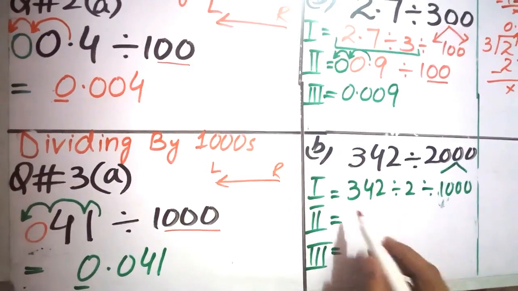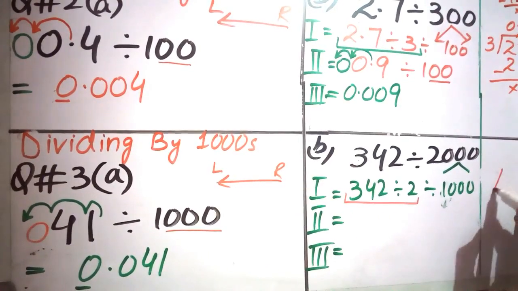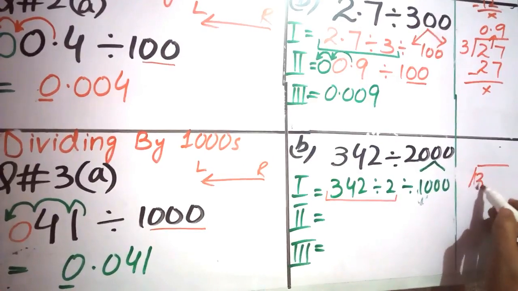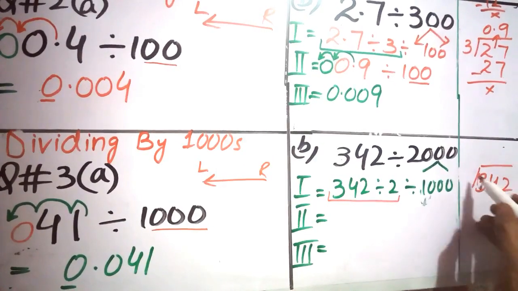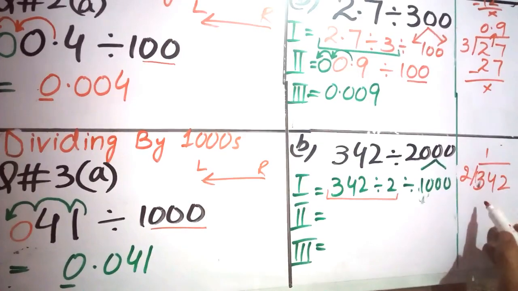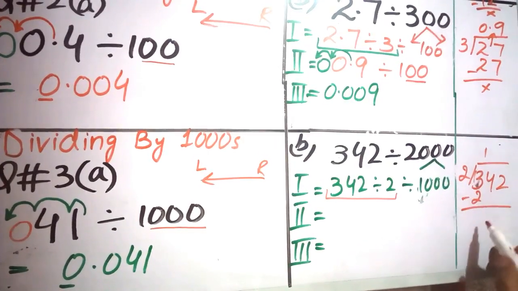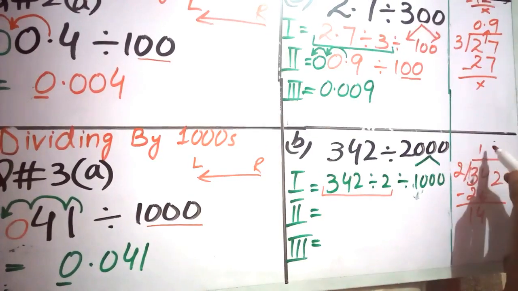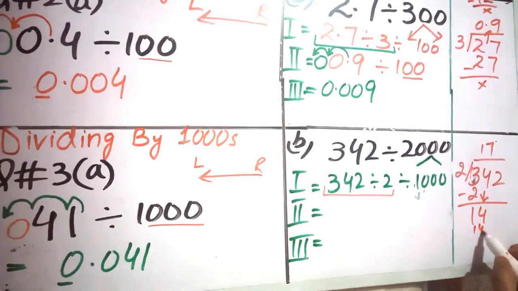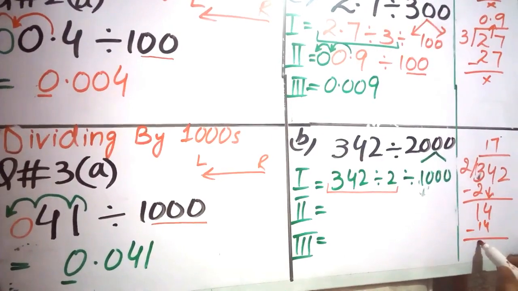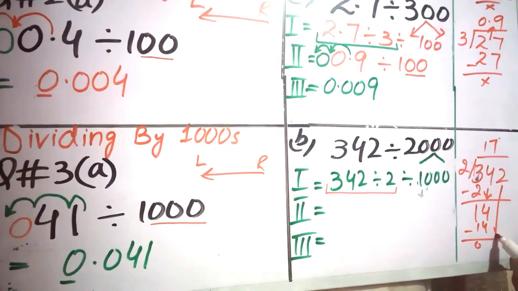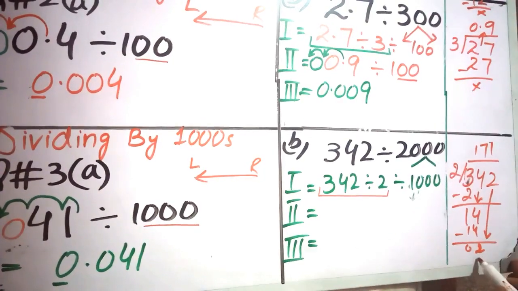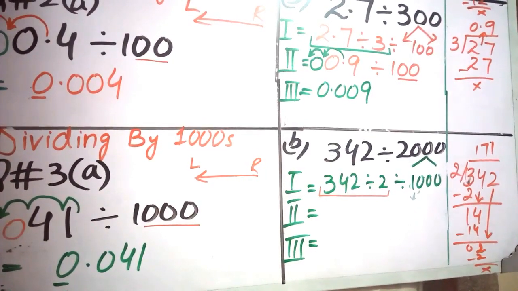We will divide these two numbers in rough work. 342 by 2. 2 ones are 2. After subtraction, 1, drop down 4 to make 14; 2 sevens are 14. Then 0, drop down 2. 2 ones are 2.